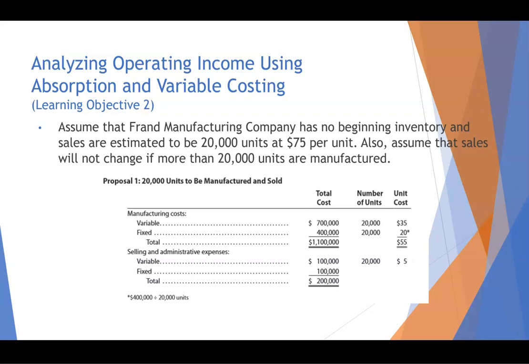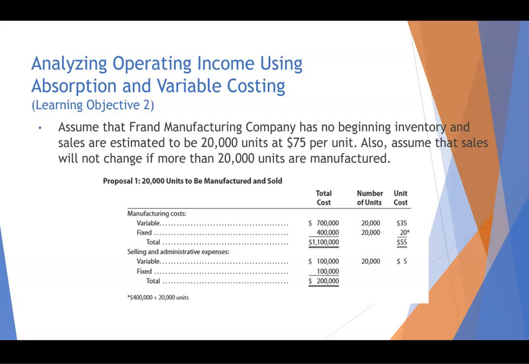Next, let's look at how we'll go about looking at operating income under these two methods. Assume that Frand Manufacturing has no beginning inventory and sales are estimated to be 20,000 units at $75 per unit.